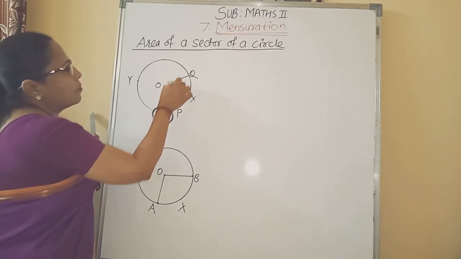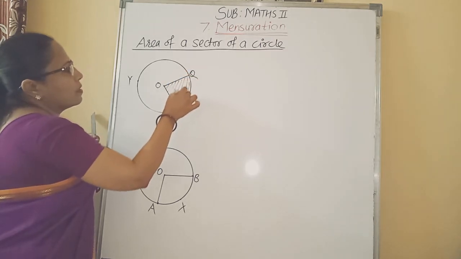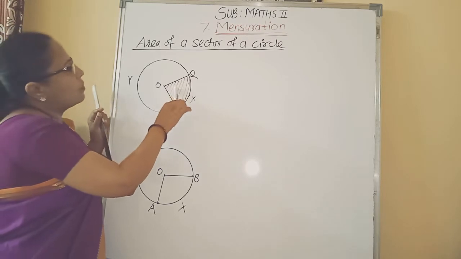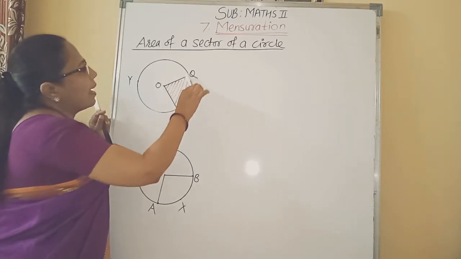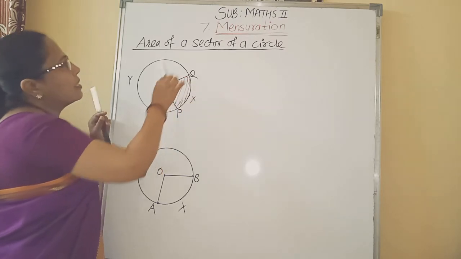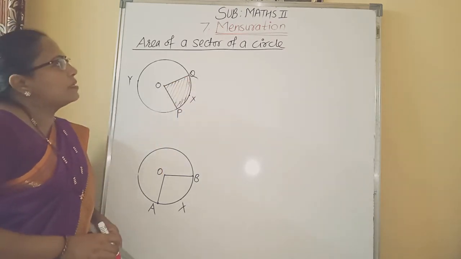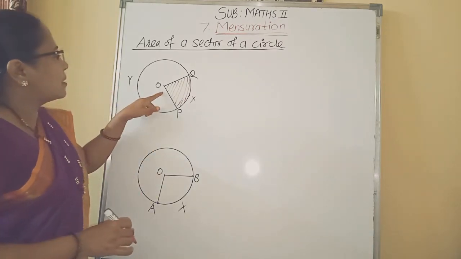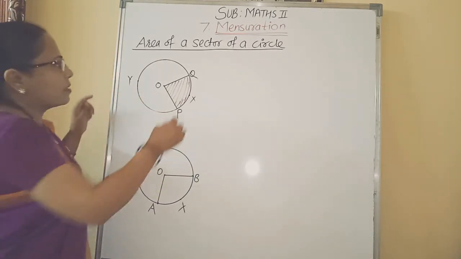See, this is shaded portion. This area you can see it is bounded between these two radii and this arc. So this shaded portion is called as sector of a circle. Now this shaded portion is minor sector of circle.